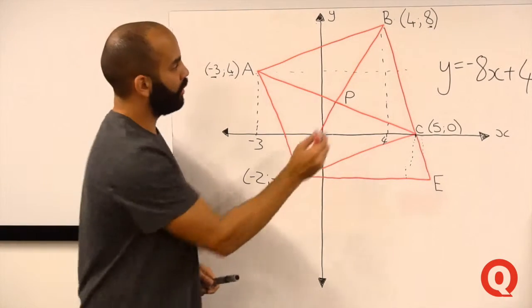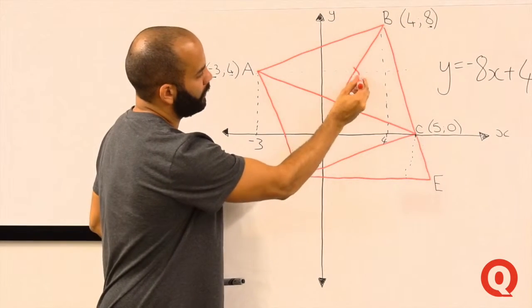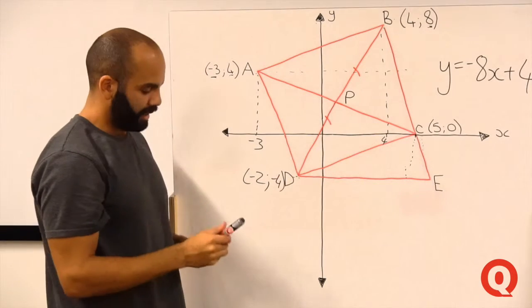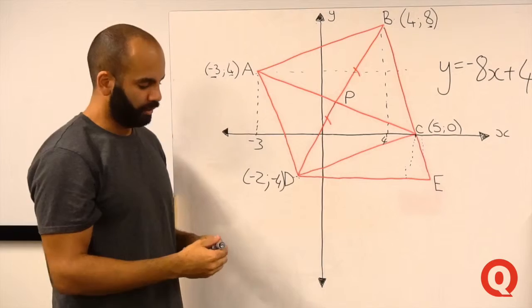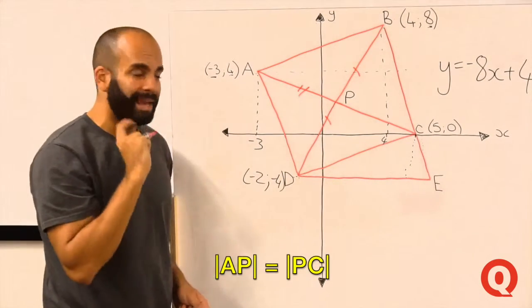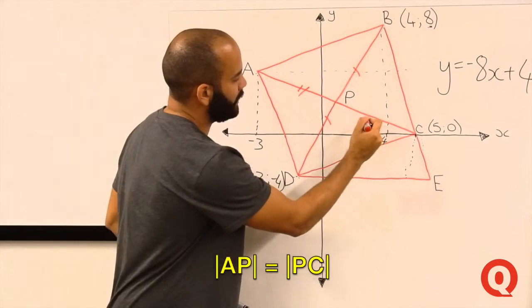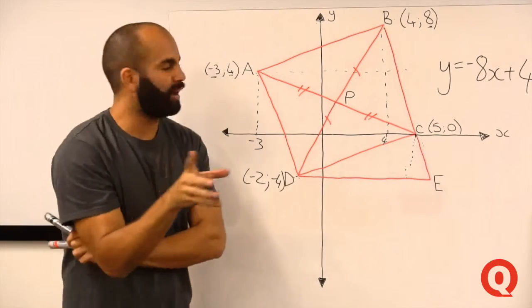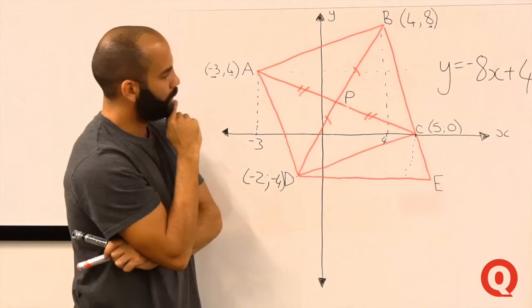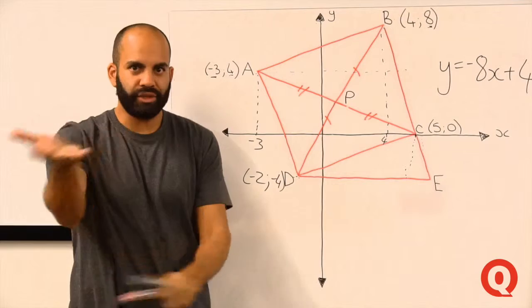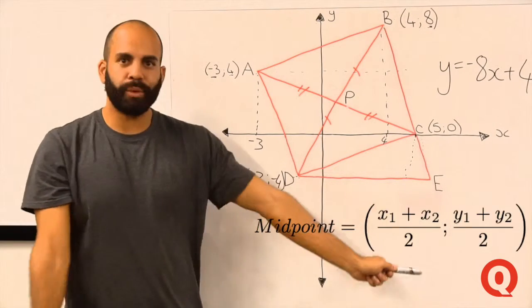So the length of BP is the same as DP, and the length of the other diagonal of AP is the same length as PC. So knowing that they're equal distance, I could actually find out what point P is by using the midway or midpoint formula that you all know. It's this one over here.